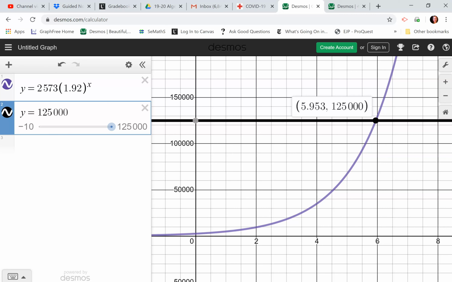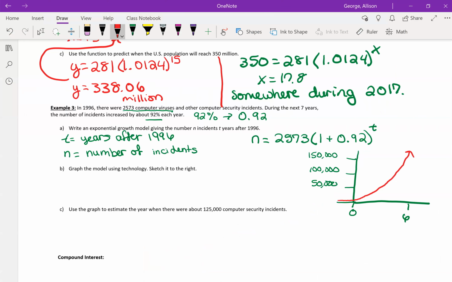So about 5.95 years. So almost 6 years. So jumping back over here, we started in 1996, so we're adding almost 6 years. So it's right at the tail end of 2001, 2002.